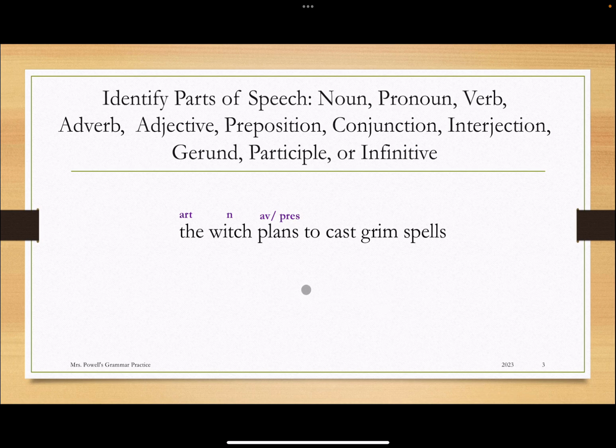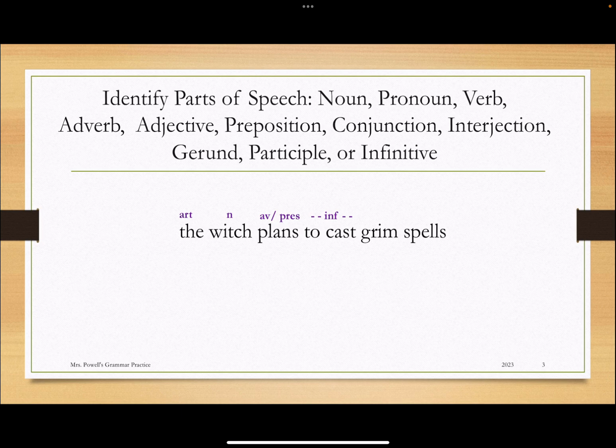What the witch plans to do is cast grim spells. So your verb, the actual thing that is being done, is going to be plans, and it is present tense. In order for it to be future tense, it would need to be the witch will plan to cast grim spells.